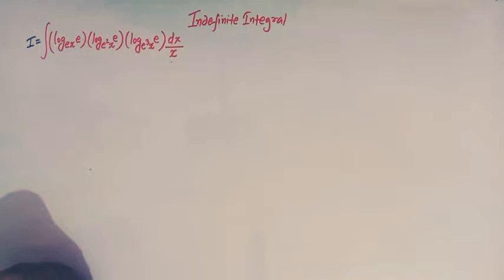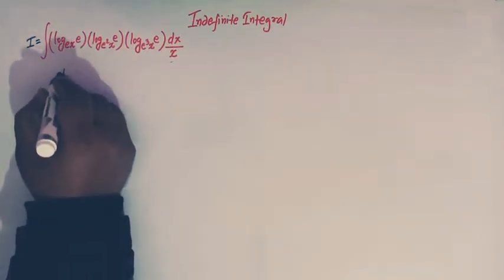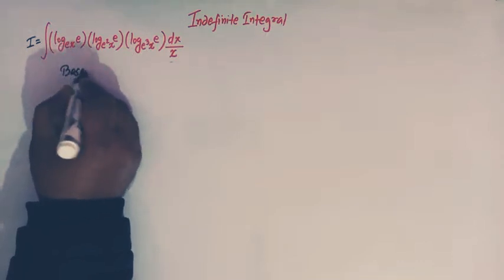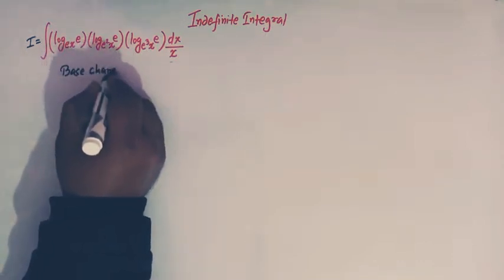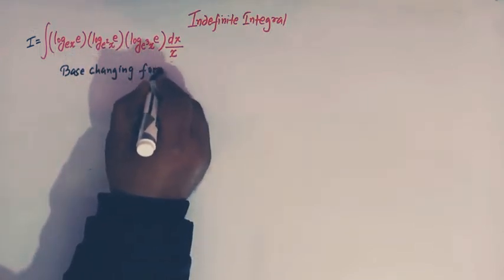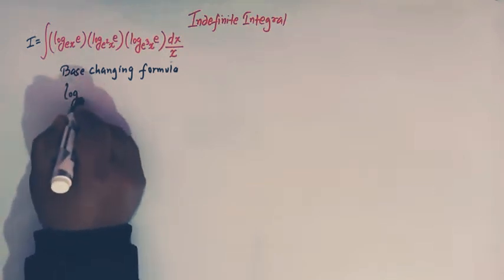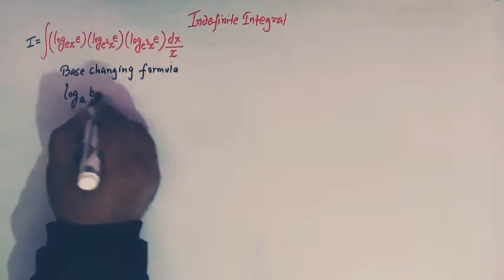Now here what we will do, we'll first make use of an important result from logarithms, that is the base changing formula, right? So the base changing formula goes like this. If we have say log of b to the base a, right?